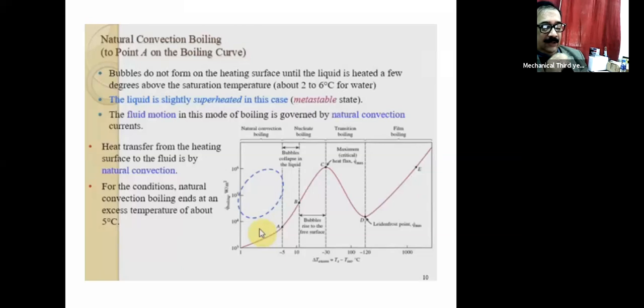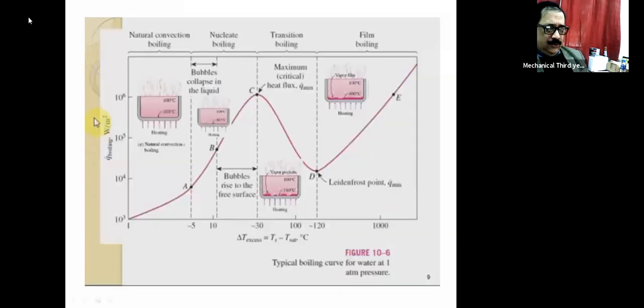The fluid motion in this mode of boiling is governed by natural convection currents, simple, as we had discussed earlier. Here, you see, we have the bubble.